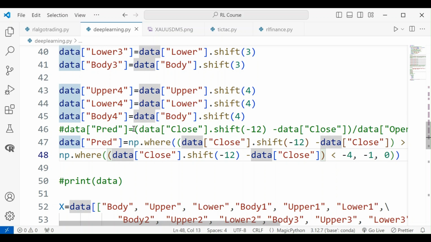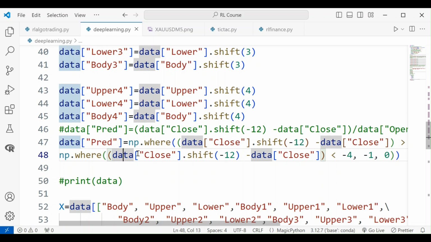Should I buy, sell, or hold? I'm not interested in knowing that the next one hour candle price will be 2670.42. I just want to ask, should I buy?